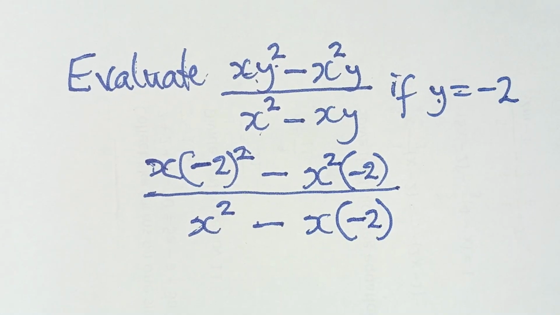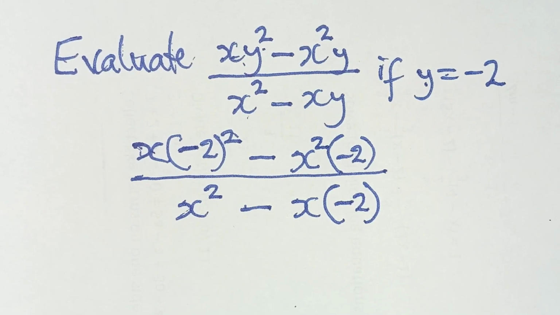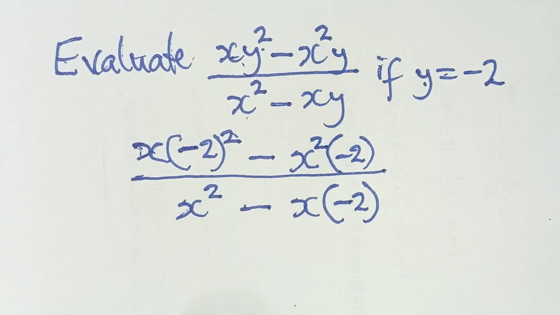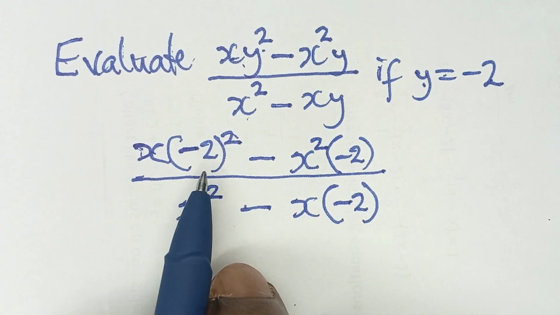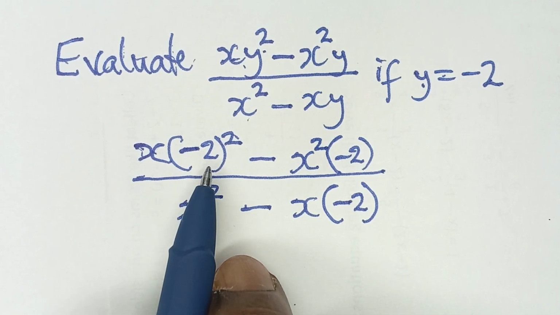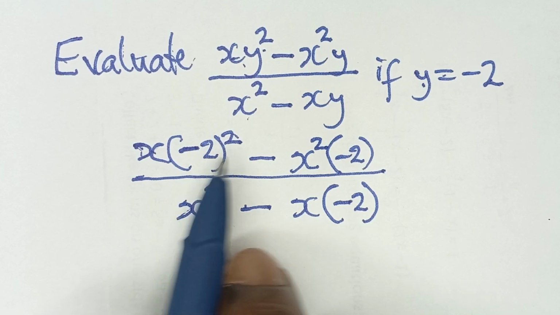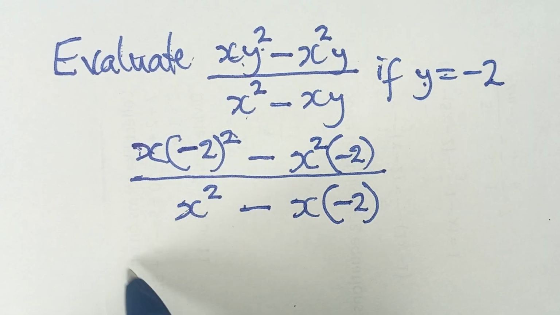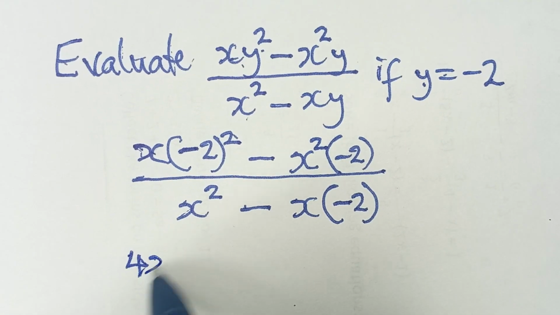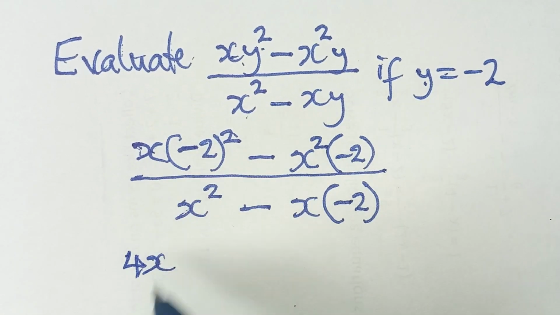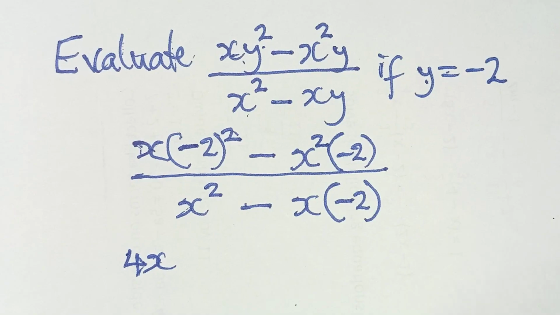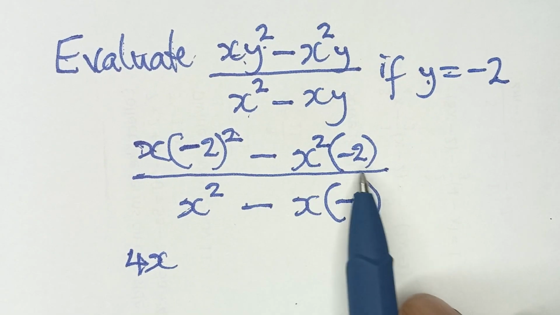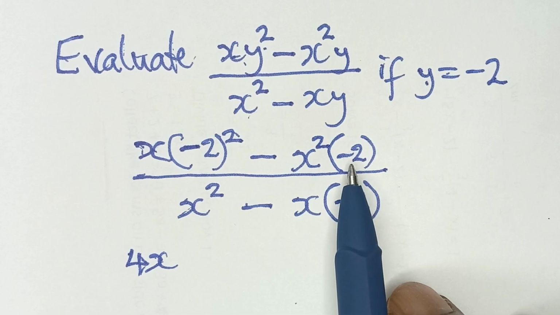And so let's simplify further now and see what it will give us. So this is −2. Square it is going to give us 4. Don't forget, negative multiplied by negative is positive. So −2 multiplied by itself, that's −2 squared, will give us +4. So on this side, we are left with 4x. So the +4 multiplied by x is 4x. And then minus, now this negative multiplied by this negative here for the 2 will give us positive.